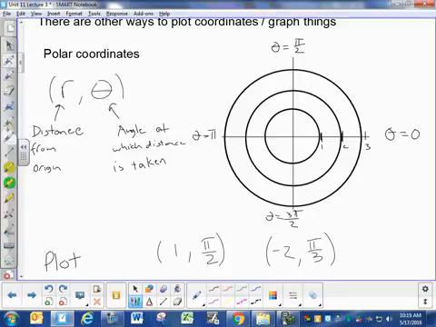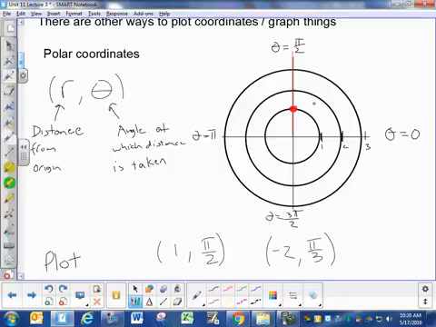Well, here's what I would do to plot the point (1, pi over 2). I would start with my angle. I'm going to use this line to help me demonstrate what I'm thinking in my head. I start with the angle at 0, and I take the angle up to pi over 2. Then I say, okay, I need to be a distance of 1 from the origin at that angle of pi over 2.